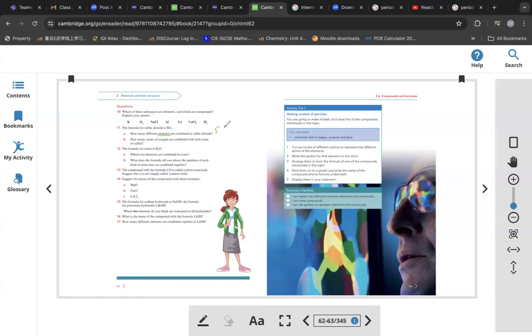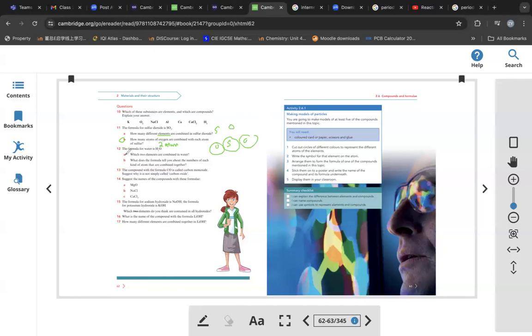And atoms are 3, correct? Understand? And then here they ask question B, do you think you can do? How many atoms of oxygen are combined with 1 atom of sulfur? 2 oxygen and 1 sulfur. So if they show the diagram, you will see something like this. Remember the diagram just now? They will look like this.